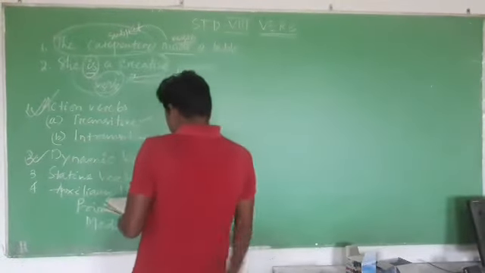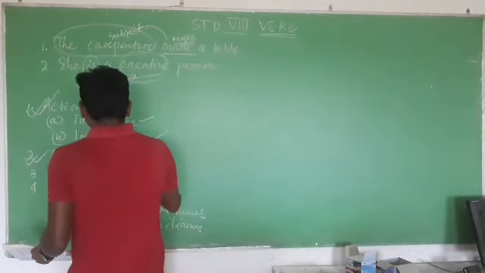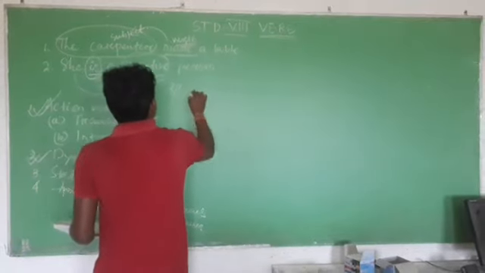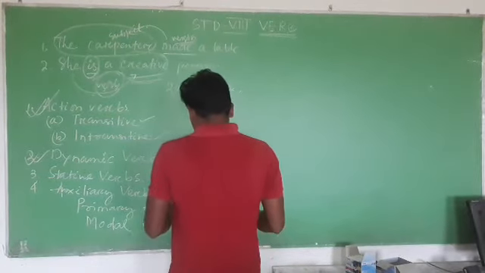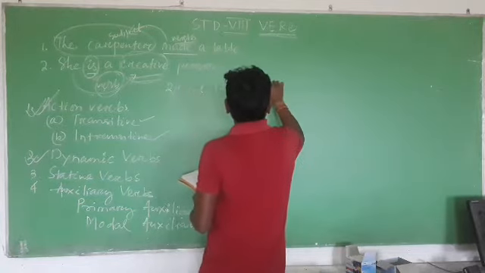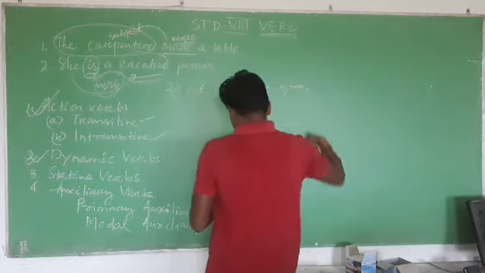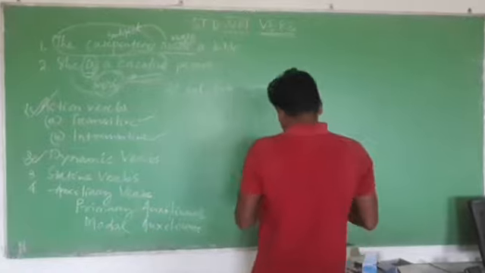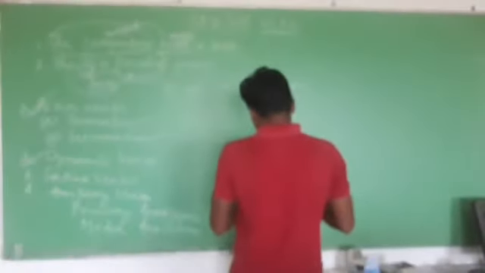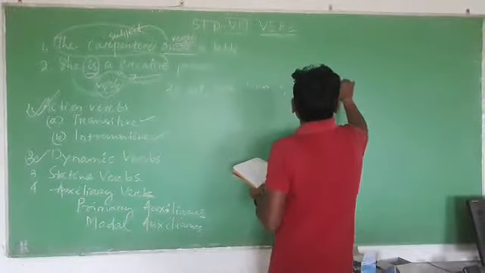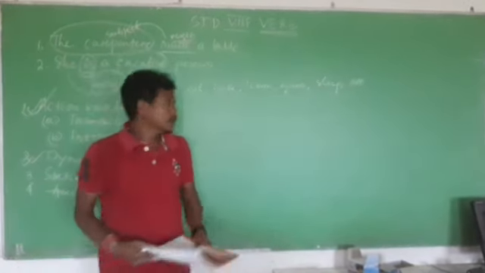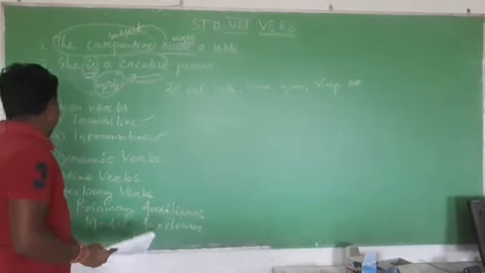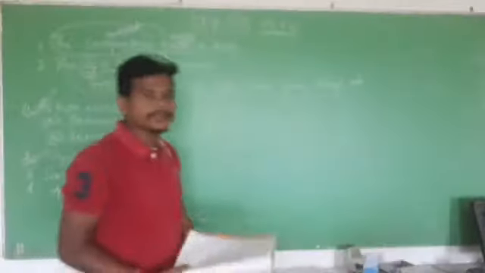For dynamic verbs we use words, for example: eat, talk, learn, grow, sleep, write, run, etc. They can be used in simple form or continuous, progressive form.